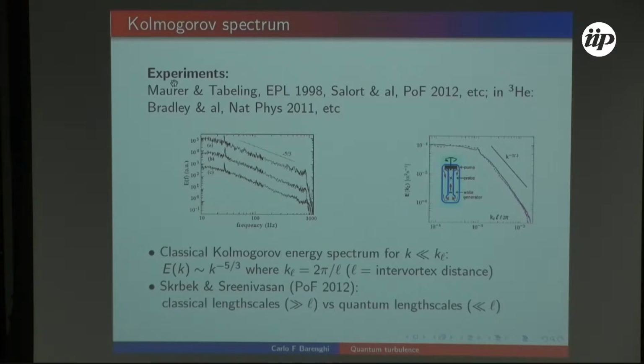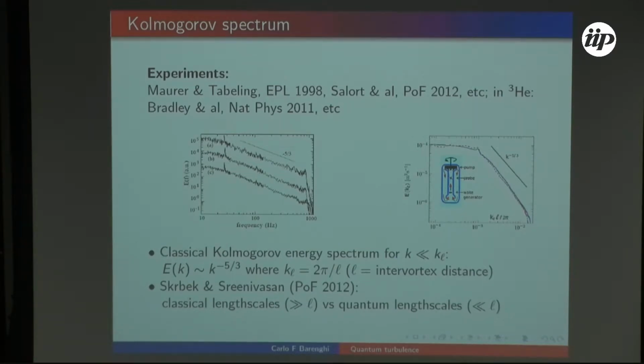So let's move to other forms of turbulence. For example, created by counter-rotating propellers, the von Karman flow. You see at the left the first experiment of this kind done in this configuration, and you see energy spectra measured at various temperatures, and you see that the Kolmogorov scaling of -5/3 appears very well.